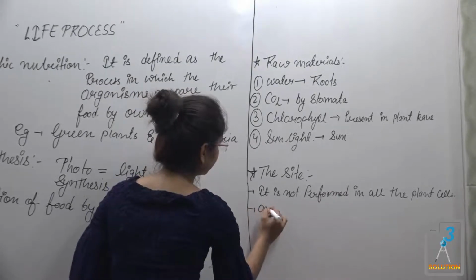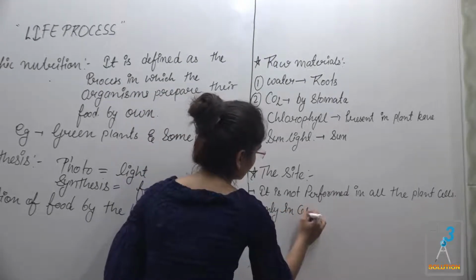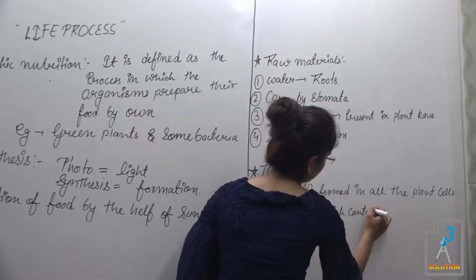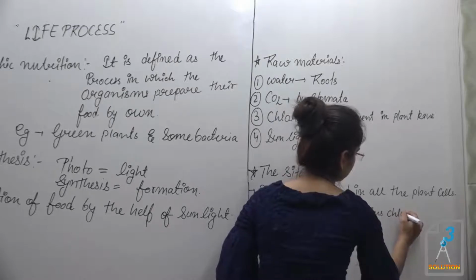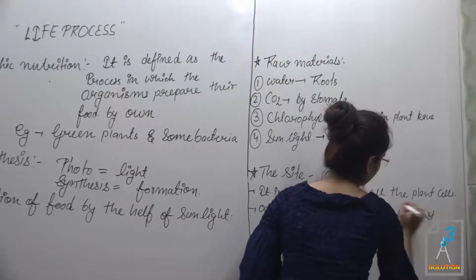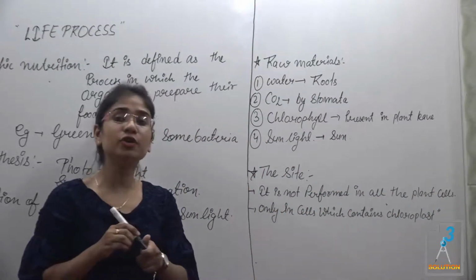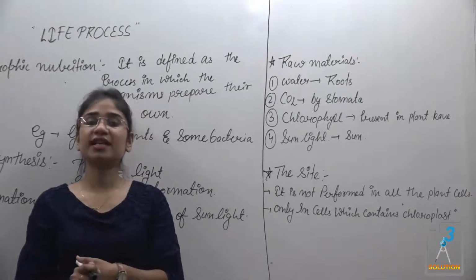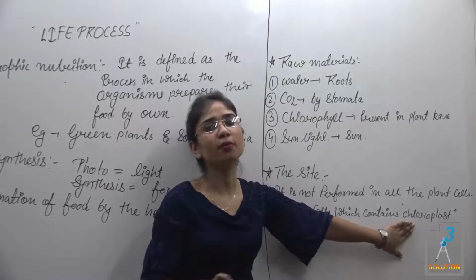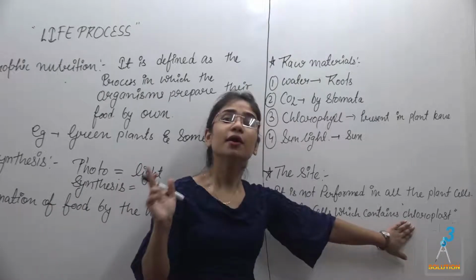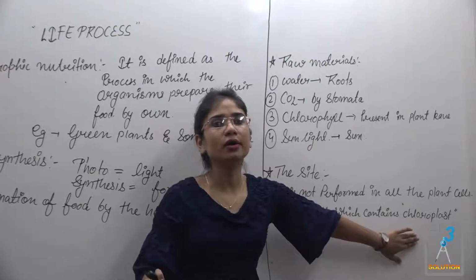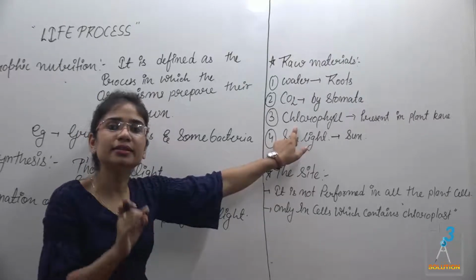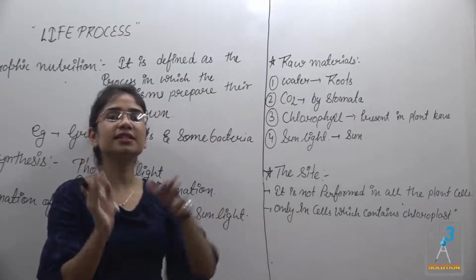Yes, only in cells which contain chloroplast. Yes, from class 9, now we know that the chloroplast is the main cell organelle inside the plant cell. Okay, so only those cells which contain the chloroplast will perform the process of photosynthesis, because the chloroplast is the only organelle which contains the chlorophyll, a green color pigment which is mainly responsible for the process of photosynthesis.